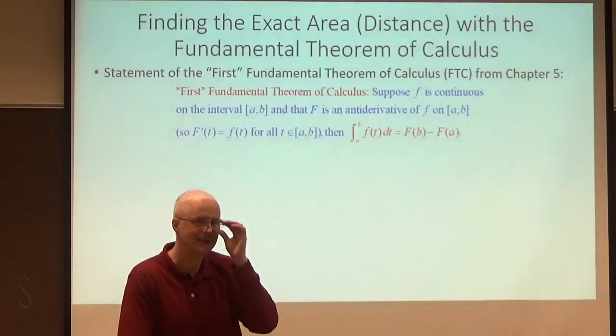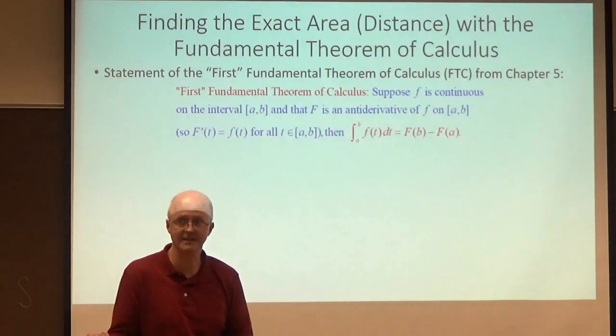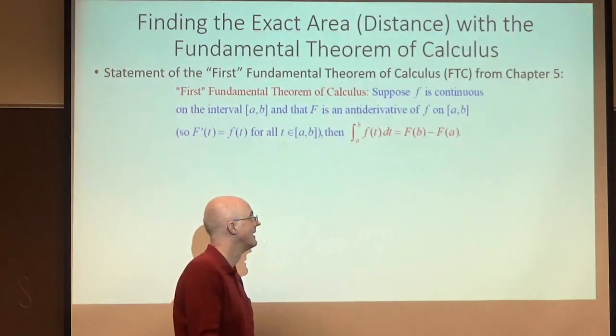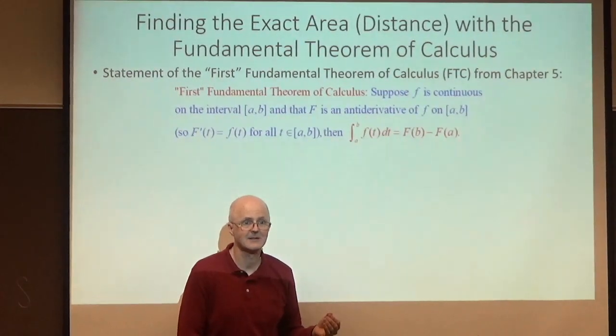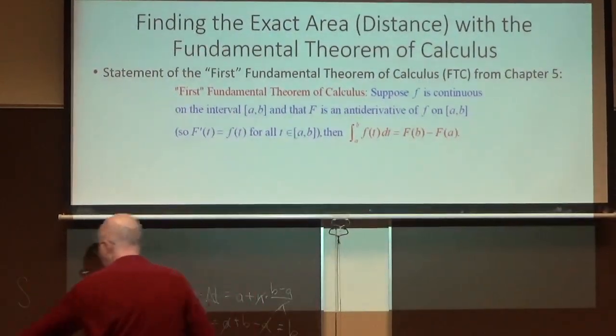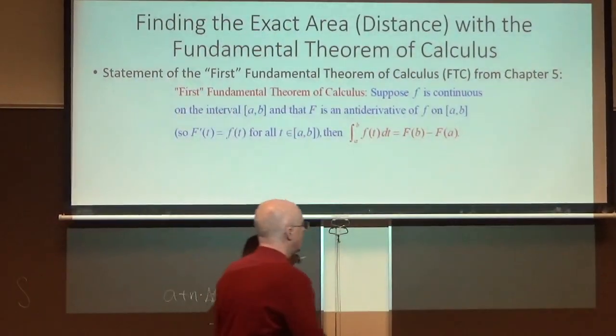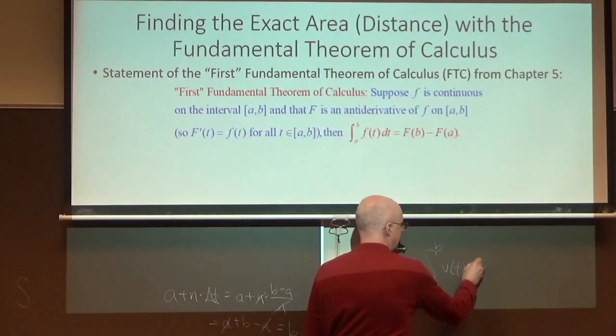Now realize I'm doing a switcheroo on you as far as notation goes. If I'm going to relate this to the velocity example, little f of t now actually would represent the velocity. Thinking about that example, it'd be better to say we're integrating v of t instead of f of t.